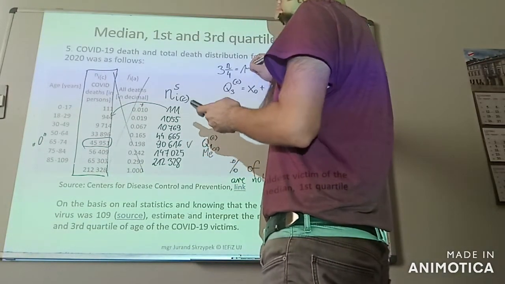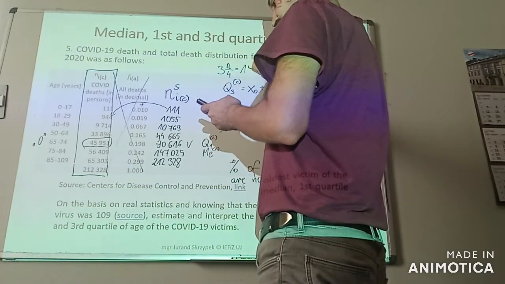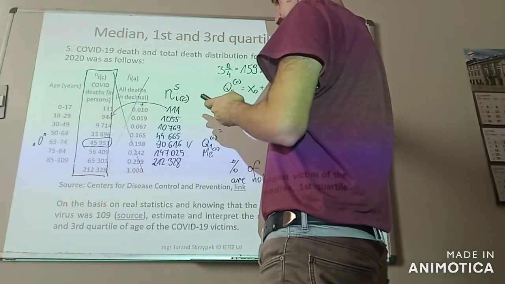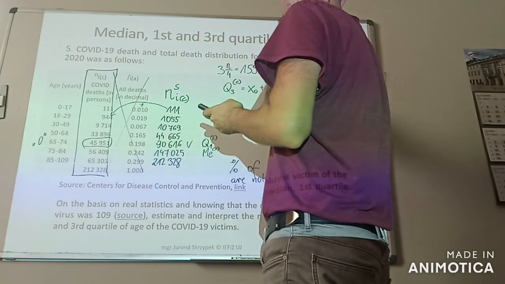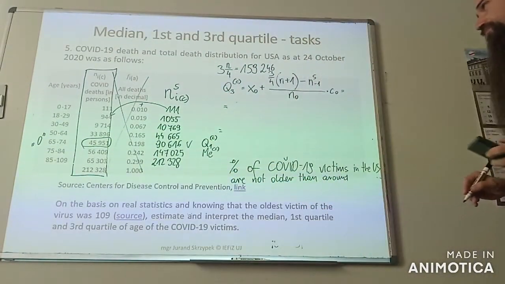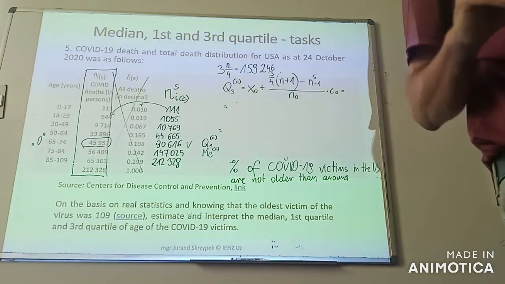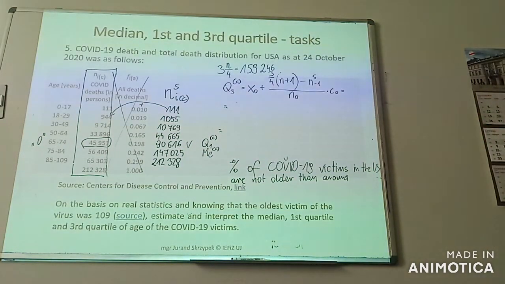It is 159,246. It's 3/4 of the population size.